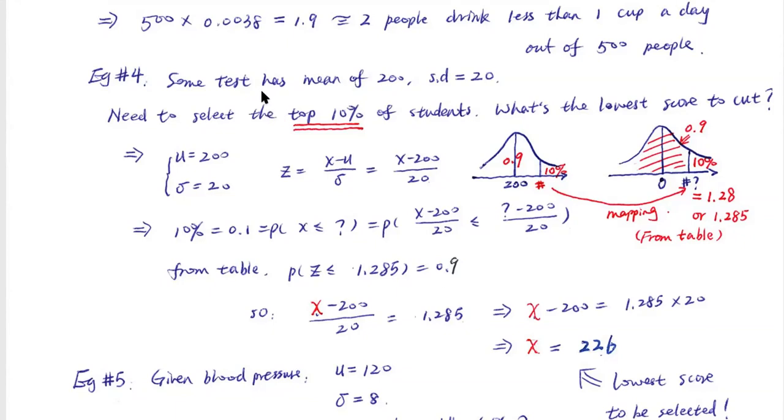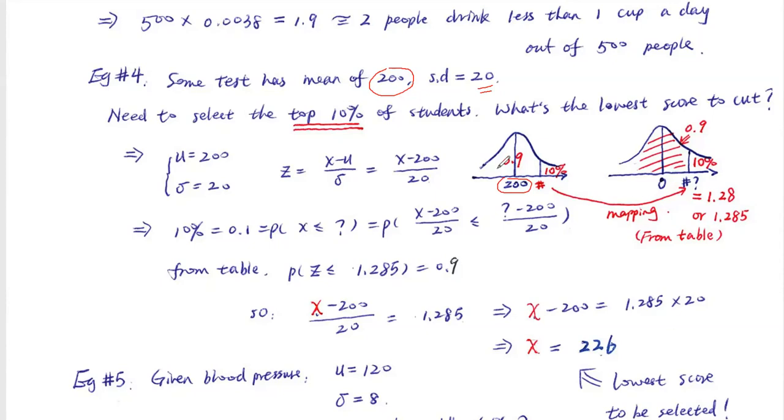Some test. From the result, we know that the average of that test is about 200, standard deviation 20. In terms of which kind of test, we don't really care, but we know the average here is 200. That's just information given.